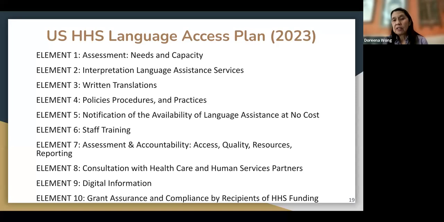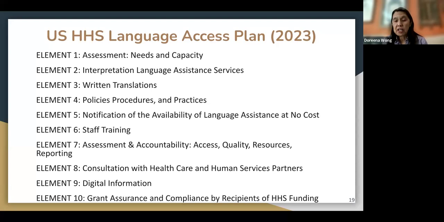For instance, the assessment: the entity has to assess the language needs of the service population. What are the language needs of the population? And then interpretation services, written translation: what are the vital documents? What languages should they be provided in? And then they should have a written policy and procedures to make sure that it includes all of these different aspects.